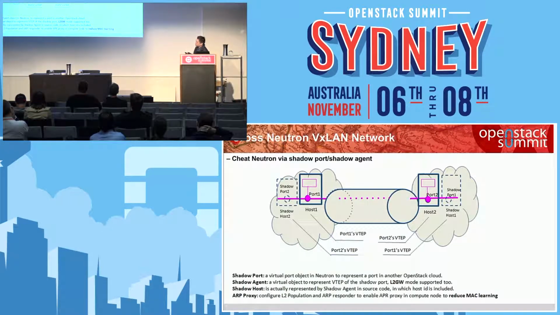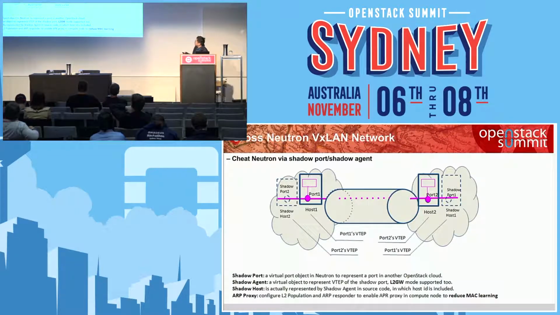And the shadow port will be bound to the shadow agent. So the shadow port will be filled with the shadow agent VTAP. And the shadow agent VTAP exists in another Neutron server.